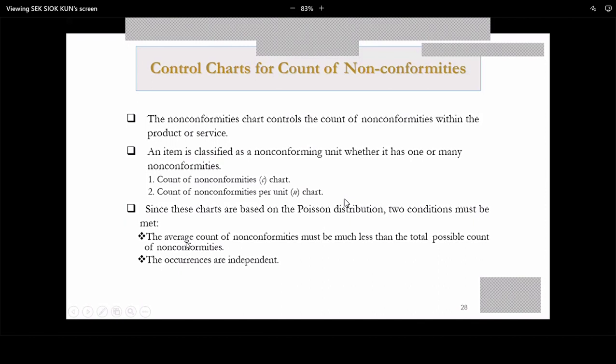First, the average count of non-conformity, meaning the mean value, must be much smaller than the total possible number n. Second, the occurrences are independent, so each occurrence of non-conformity in a unit should be independent.